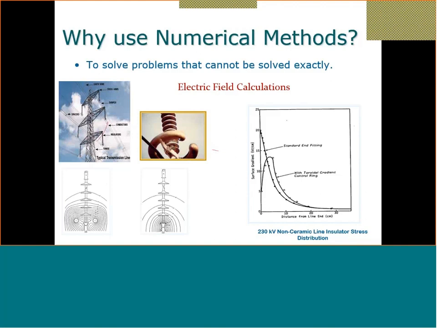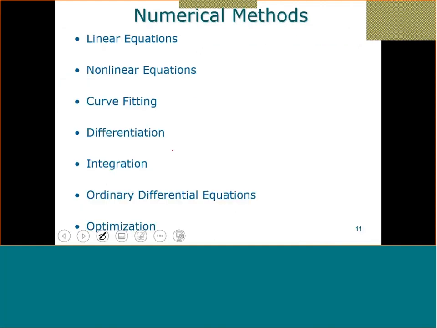Whenever we have a problem for which we cannot find a closed form solution, or it is difficult to solve using hand calculations, then we go for numerical methods. In this course, we will apply numerical methods in different applications: linear and nonlinear equations, curve fitting, differentiation, integration, ODEs (ordinary differential equations), and optimization.